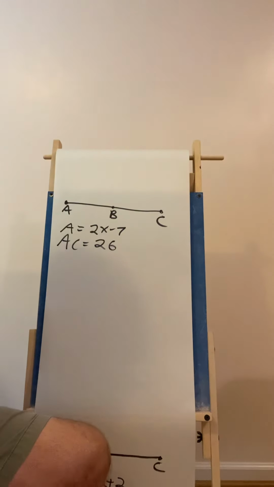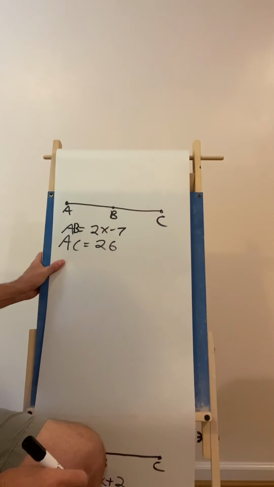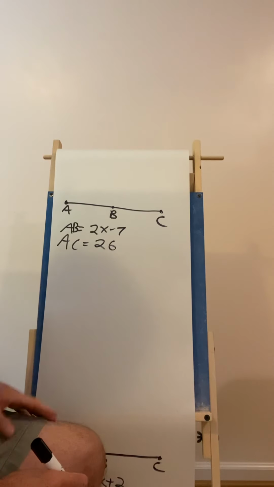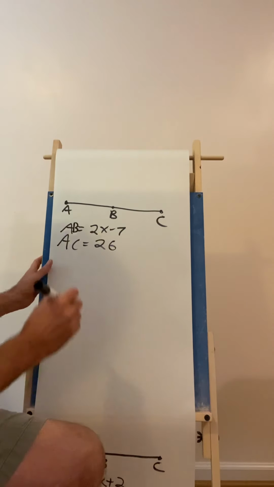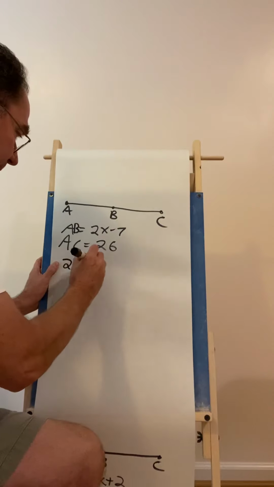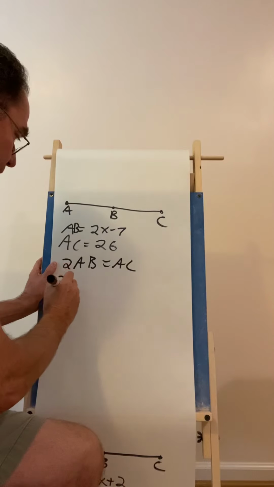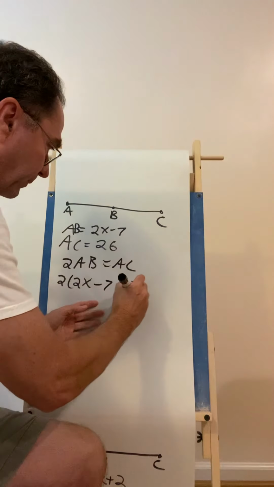Well, the key to geometry is setting up the correct equation. We're given AB and AC. Now, AB doesn't equal AC. The half doesn't equal the whole. But if I take the AB and double it, then I'm going to get AC. So our equation can be 2 times 2x minus 7 equals 26.